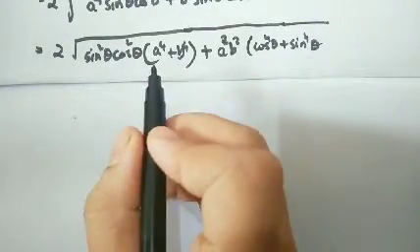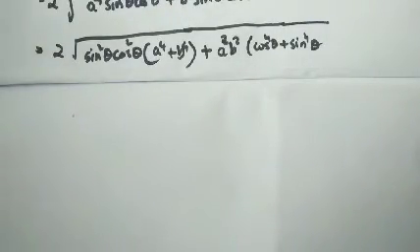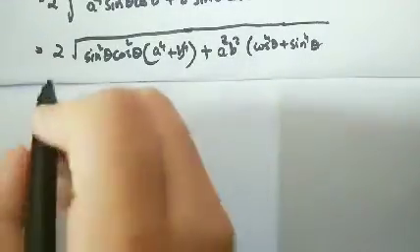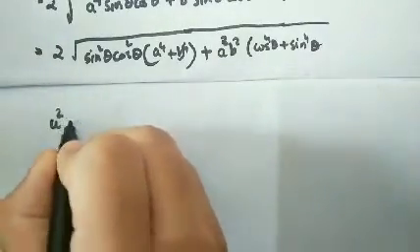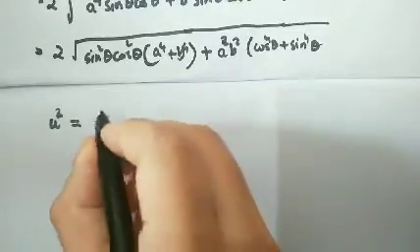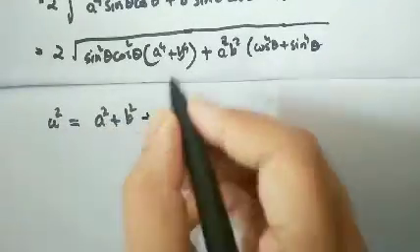Now I will substitute this into my u square. So what was u square? U square is equal to a square plus b square, which I already got, plus this root term.